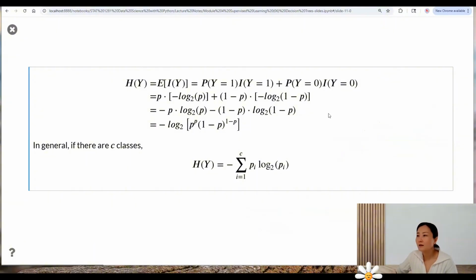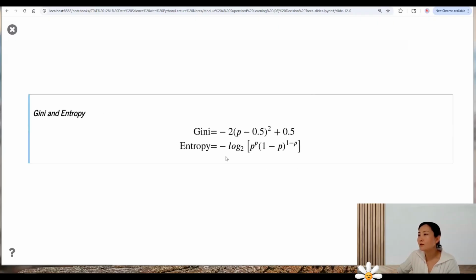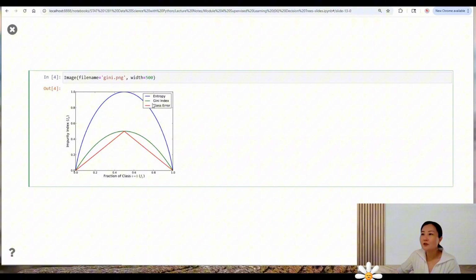So now let's see if entropy is a measure of purity or impurity. We won't prove it, but entropy is also a measure of impurity. Let's see the relationship between entropy and Gini. Entropy is about 2 times Gini if there are only two classes. This blue curve corresponds to entropy, and this green curve corresponds to Gini.